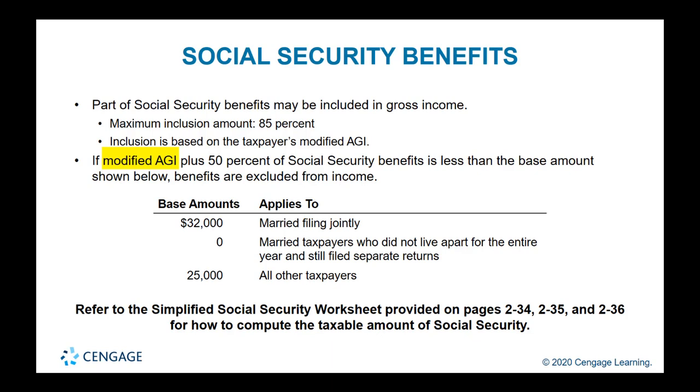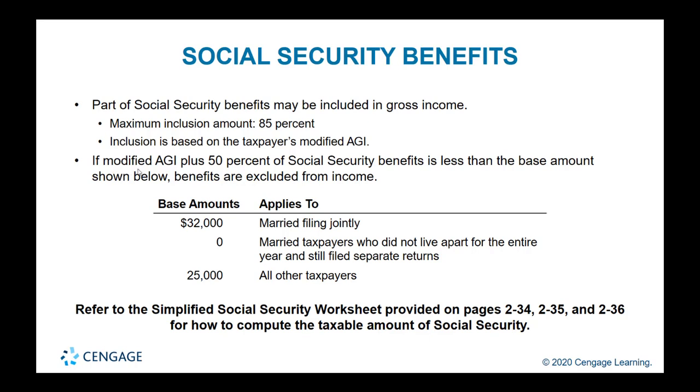We have AGI, now we have MAGI, modified adjusted gross income. It's not that complicated. It's basically AGI, but then you modify it, meaning that you add back the tax-free interest income. With AGI, you don't include tax-free interest from municipal bonds, but in this case, you would include tax-free interest.